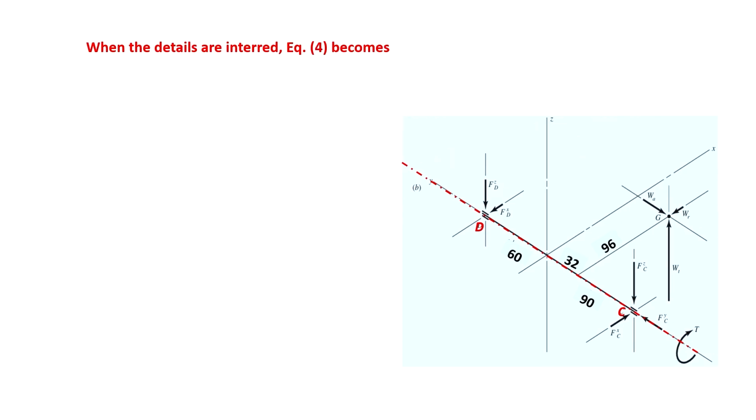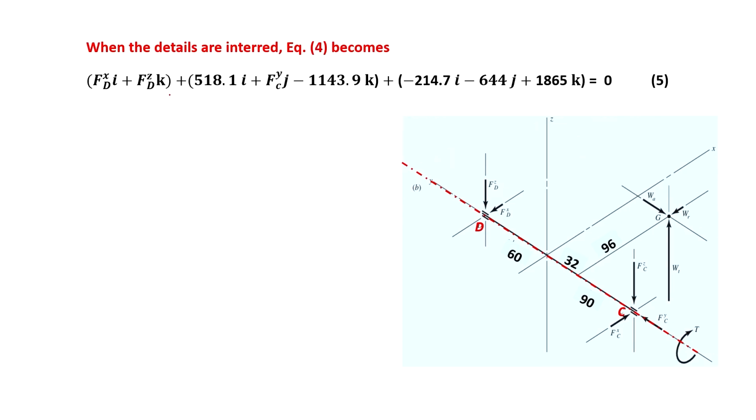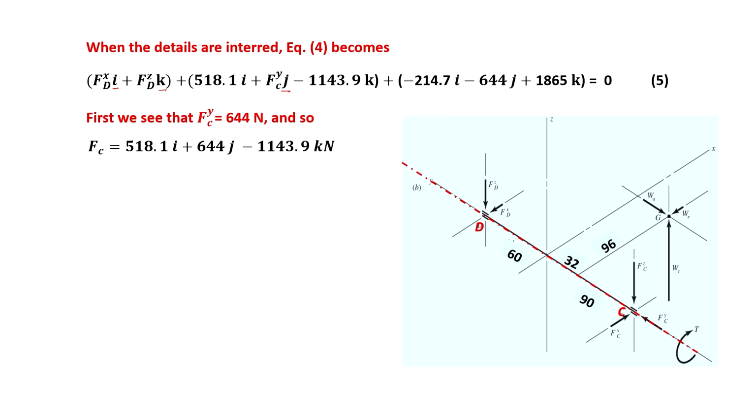Substituting all these vectors, simplifying and comparing again the similar i terms, j terms and k terms separately, we get Fcy is 644 Newton, and therefore, the total force acting at C is, along the x, 518.1 Newton. So, this is actually the Fcx.